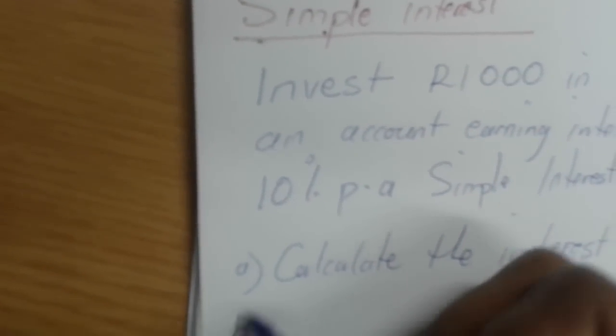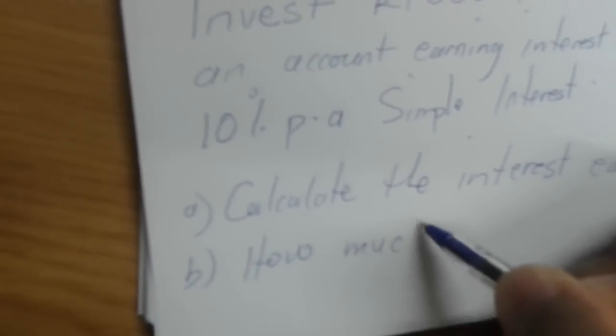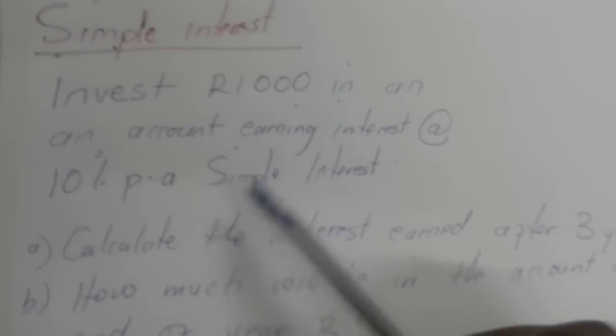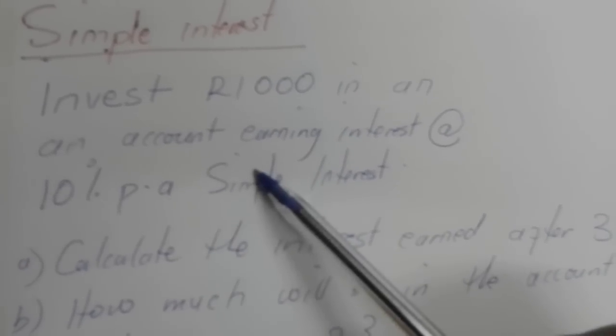And then B, how much will be in the account at the end of year 3. So let's look at this question whereby you invest 1,000, right, in an account earning interest at 10% per annum, simple interest.